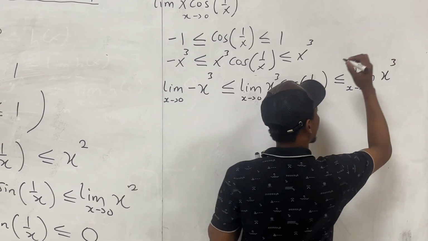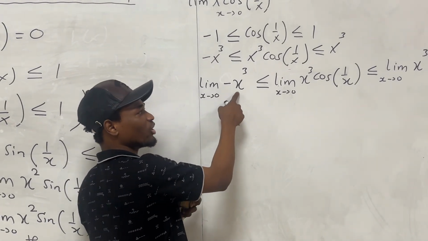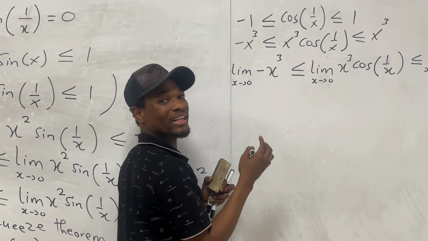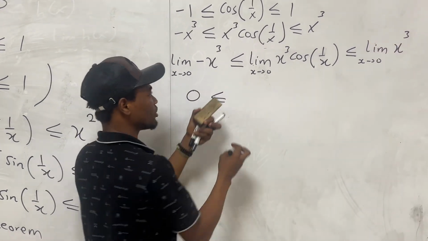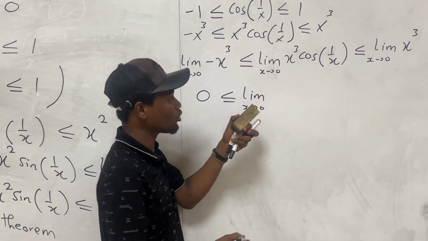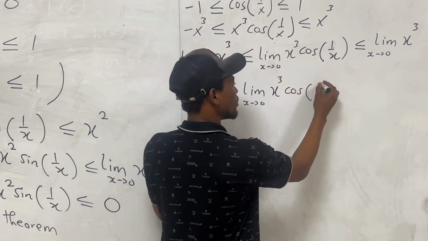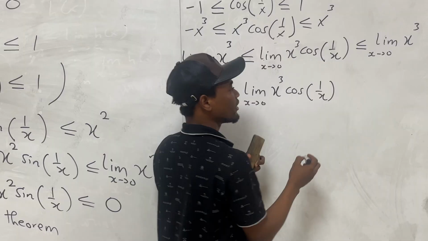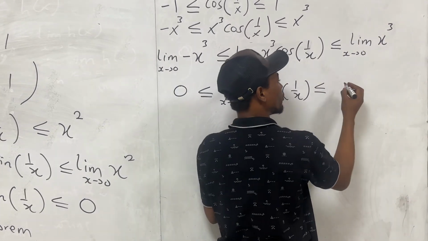Viewers, clearly when you put x equal to 0 and evaluate this, you get 0. So you have 0, less than or equal to the limit as x approaches 0 of x cubed cos 1 over x, less than or equal to, when you evaluate this, 0.